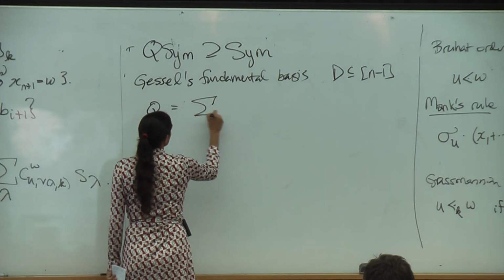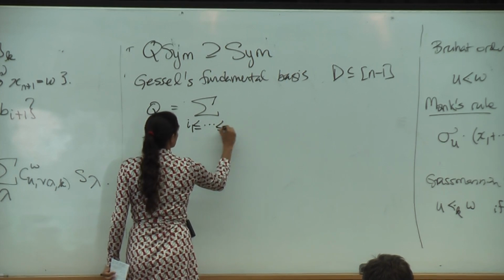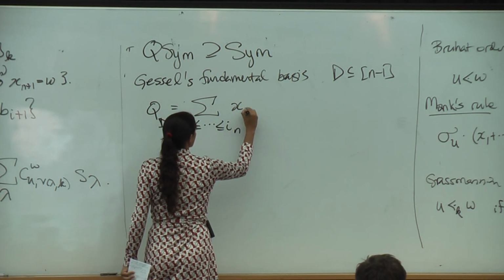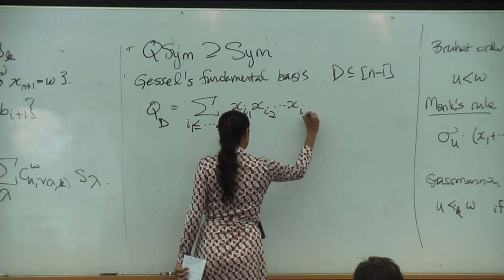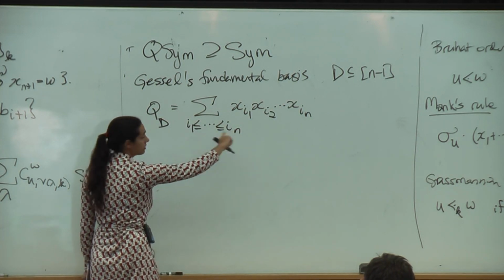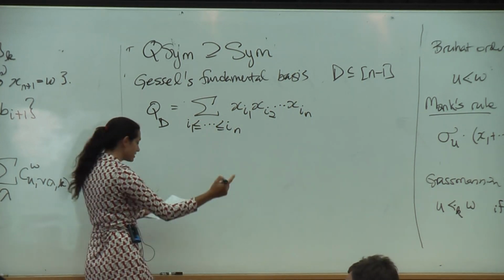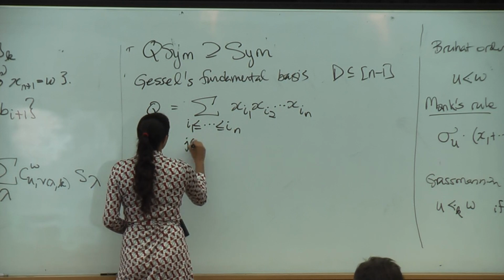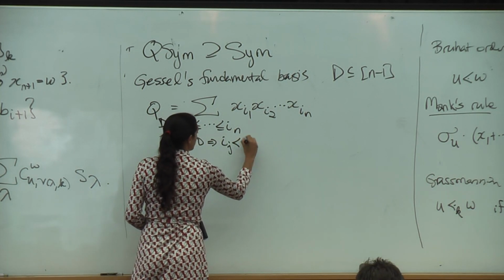Well, you sum over all n-tuples i1 less than or equal to ... less than or equal to in, and you multiply those variables together. Where the D comes in is that these inequalities have to be strict whenever you hit this descent set. So if you have a descent, that implies that you have a jump.